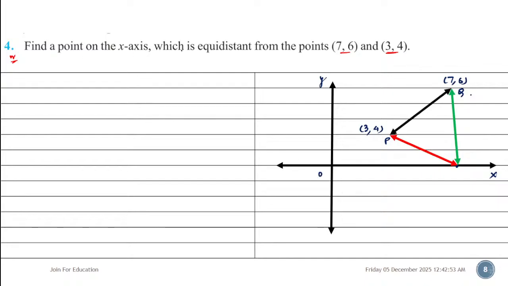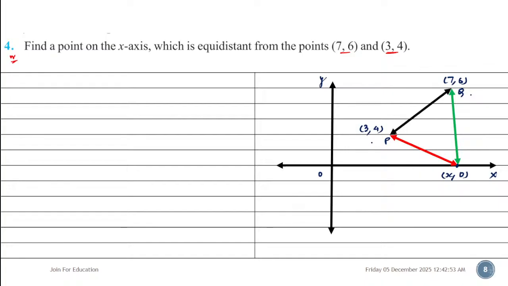The point on the x-axis will be (x, 0), so y equals 0. There should be no problem understanding the figure.